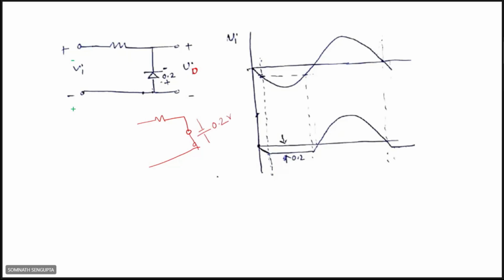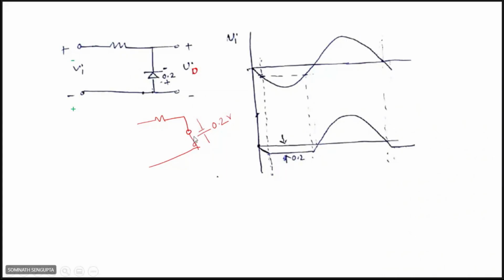According to the polarity, this will be minus 0.2 because we are measuring from this terminal. We are assuming positive, but it is actually negative.